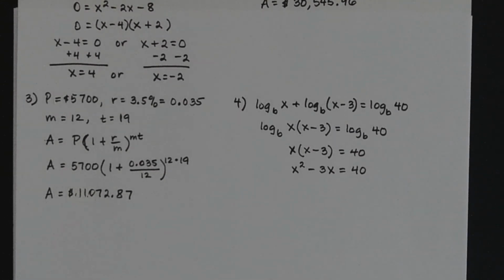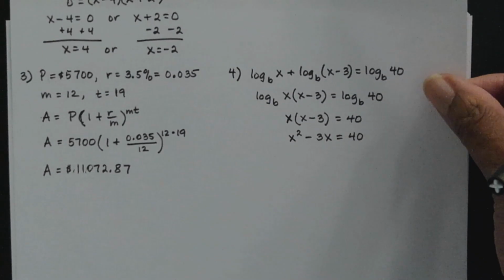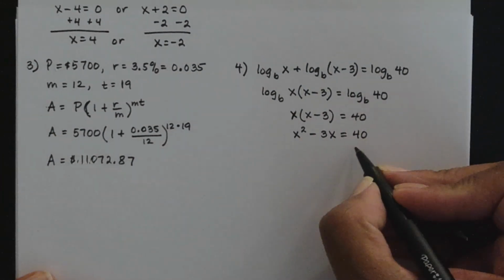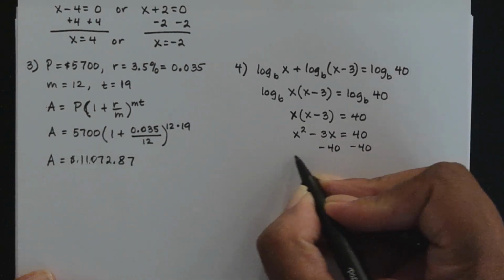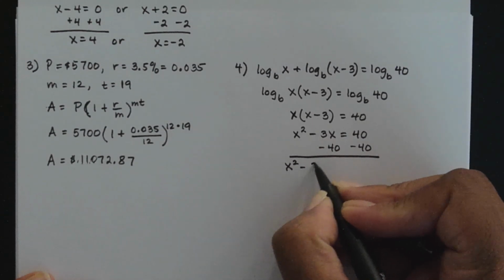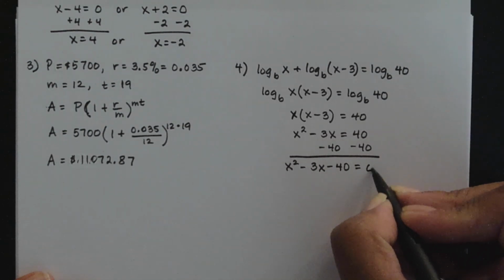So now I've got a quadratic equation where I need to get a 0 on one side. In this case, if I subtract 40, here's where I have x squared minus 3x minus 40 equal to 0.